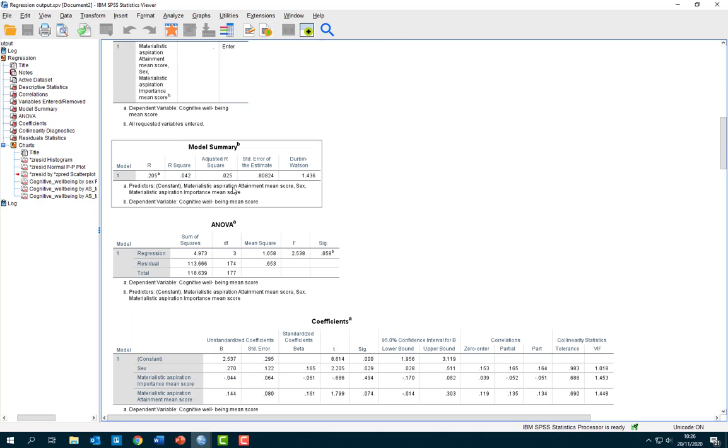The first thing we want to look at is the model summary. This gives us an idea of how well our model fits the data, and how accurate our predictions based on our regression model are likely to be. What we can see here is an R-squared value and an adjusted R-squared value.